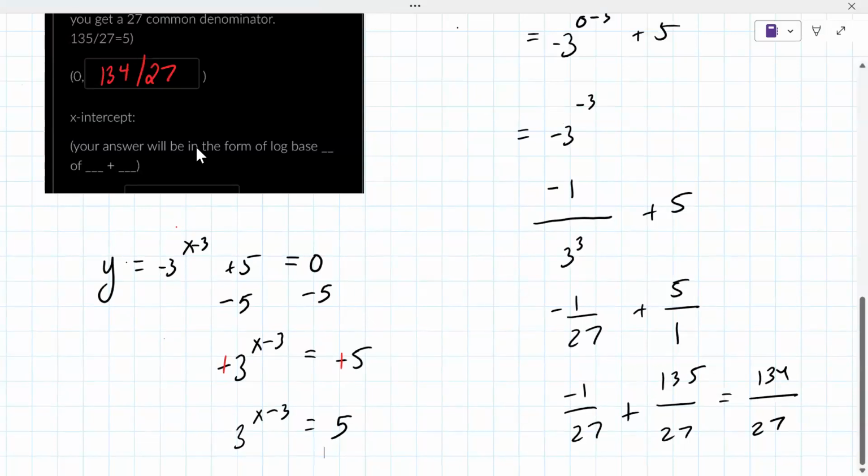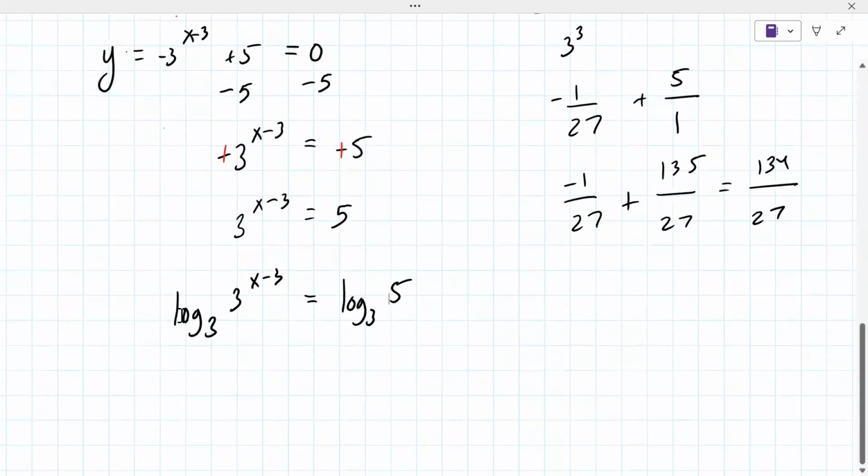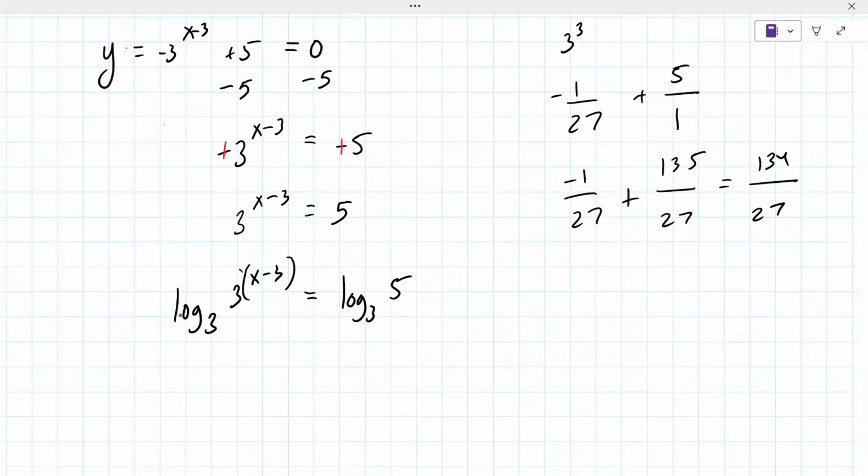If you read the answer, it says your answer will be in the form of log base blank of blank. You have to take the log base 3 of both sides. The reason it's base 3 is because that's the base of the exponent. The exponent can come out in front. So this becomes x -3 log base 3 of 3 equals log base 3 of 5.